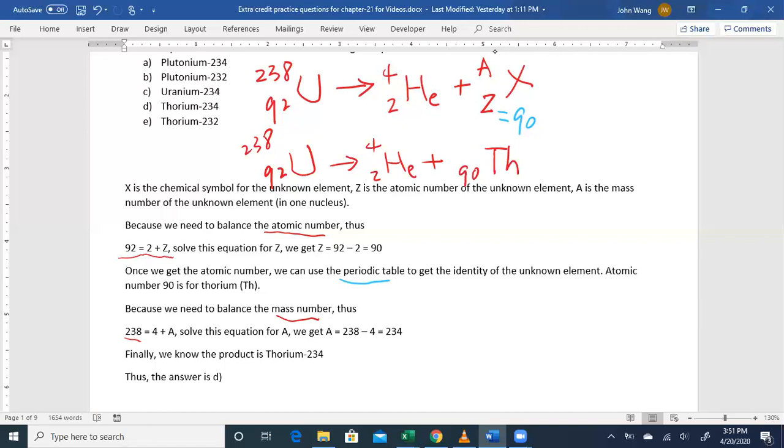So we have 238 equals 4 plus A. Solving this equation for A, we get A equals 238 minus 4, which equals 234. So therefore, we find our other product is thorium-234. So the answer is D, thorium-234.